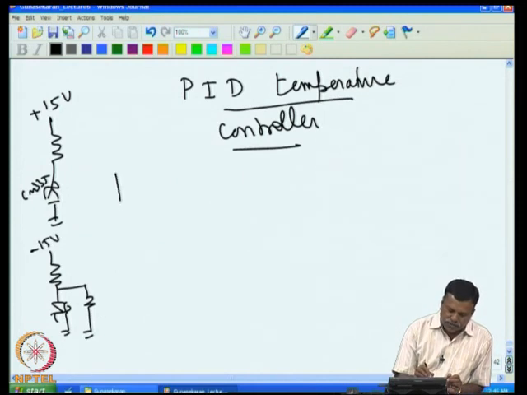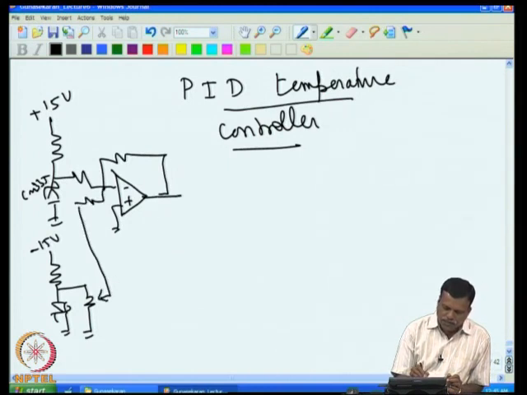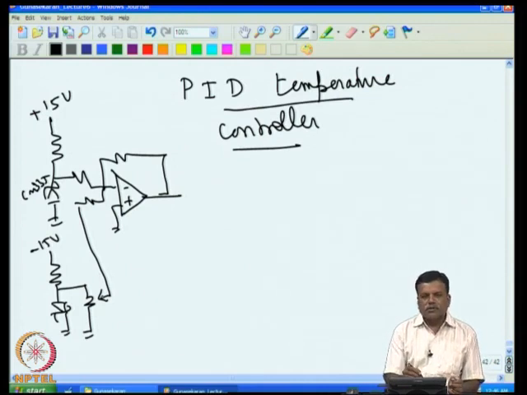Then we had the difference between these two, the error between the set value and the actual value.